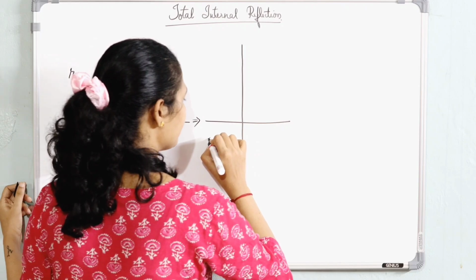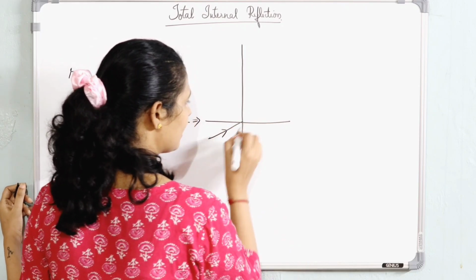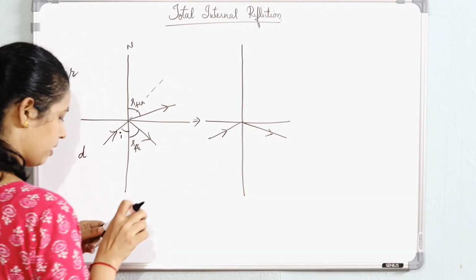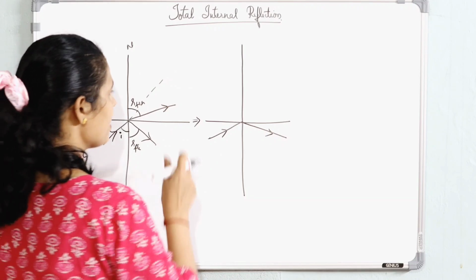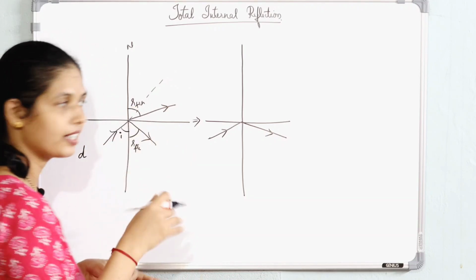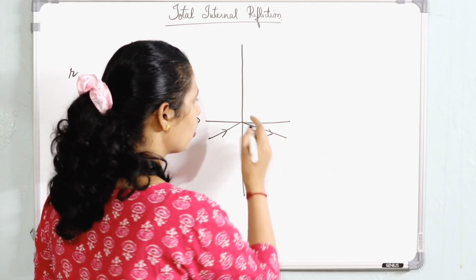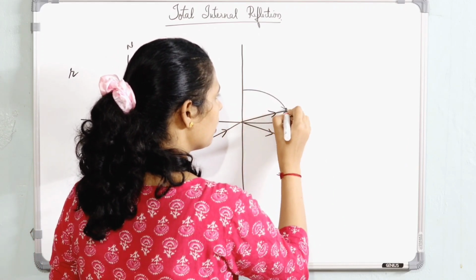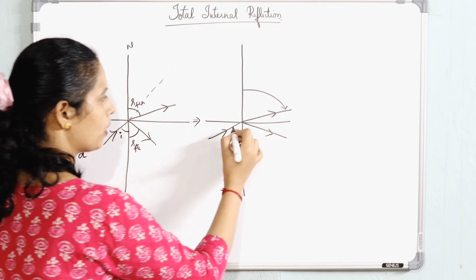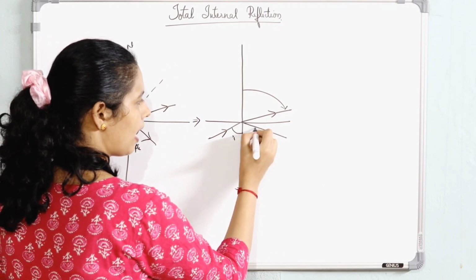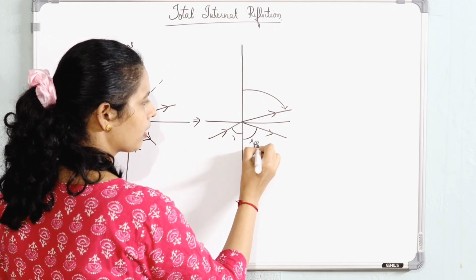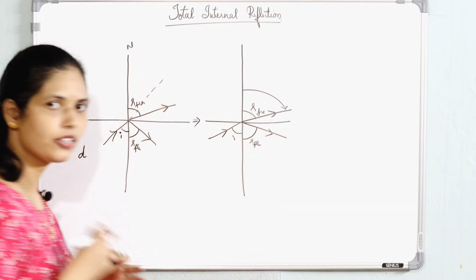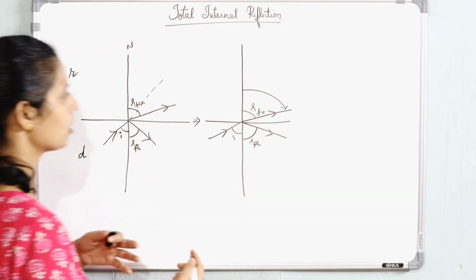So here is the reflected ray, and this refracted ray further moves away from the normal, right? So here is the angle of incidence, angle of reflection, and this is the angle of refraction, right? It further moves away from the normal.